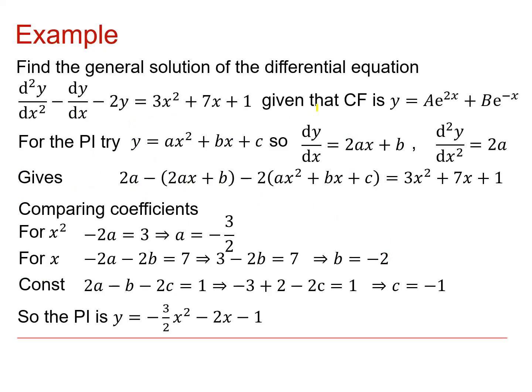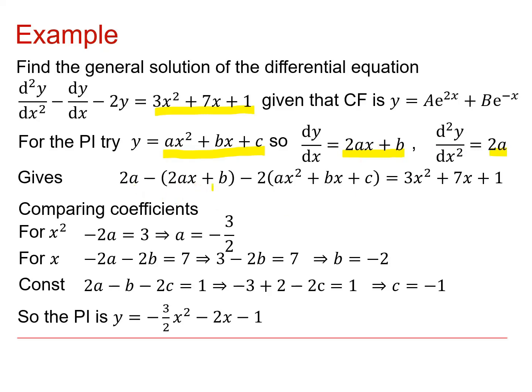Okay, there's that written up neatly for you. It's quite compact, so we'll take a bit of time taking this apart. There's the original question at the top. For the particular integral, we tried something that is the same shape as this. I've got some x squared, some x's, and a constant, so I've tried that. Here is where I've differentiated those to give me 2ax plus b and 2a.